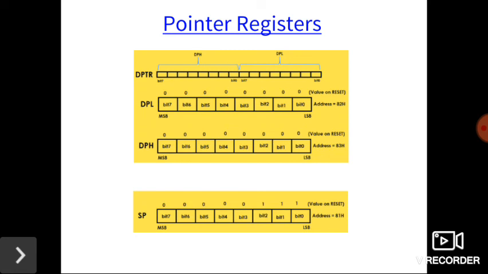When writing a new data byte, the stack pointer is automatically incremented by 1 and the new data is written at the address stack pointer plus 1. When reading data from the stack, the data is retrieved from the address and then the stack pointer is decremented by 1. These are the explanations about the pointer registers. The stack pointer address is 81H.